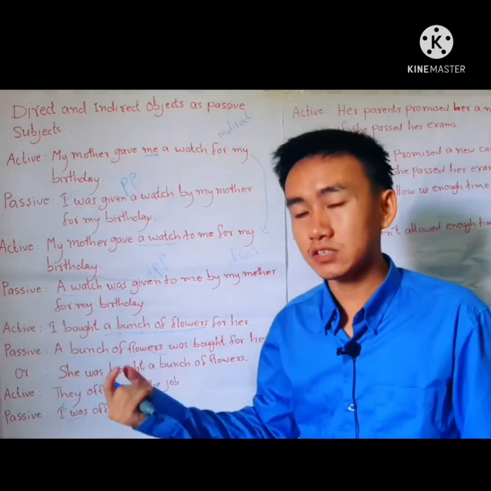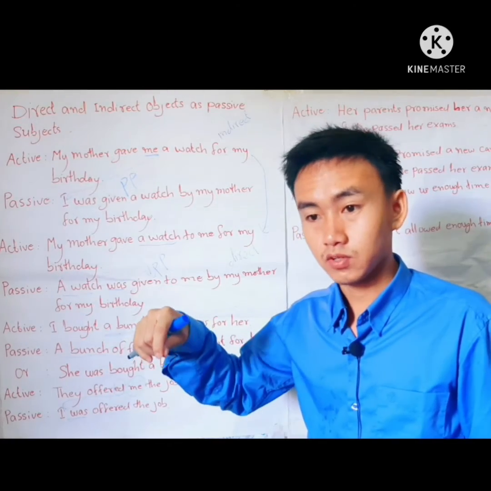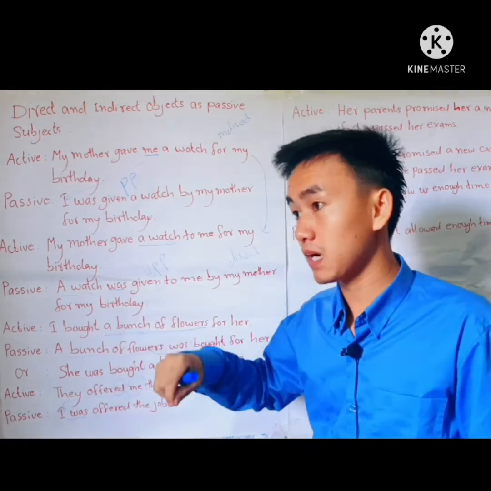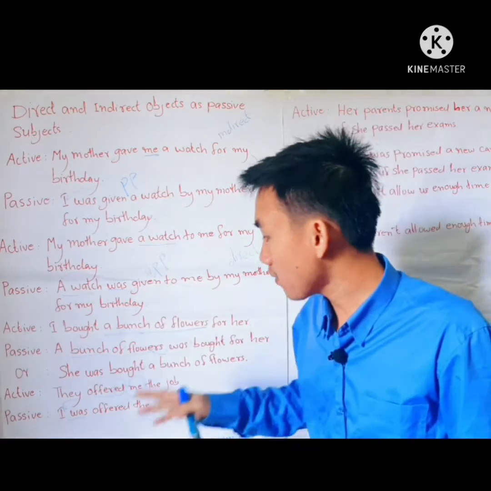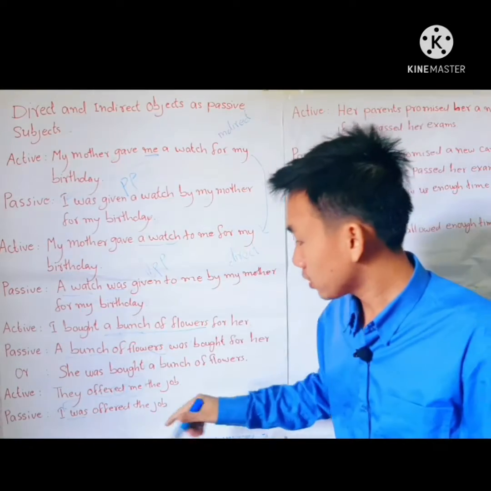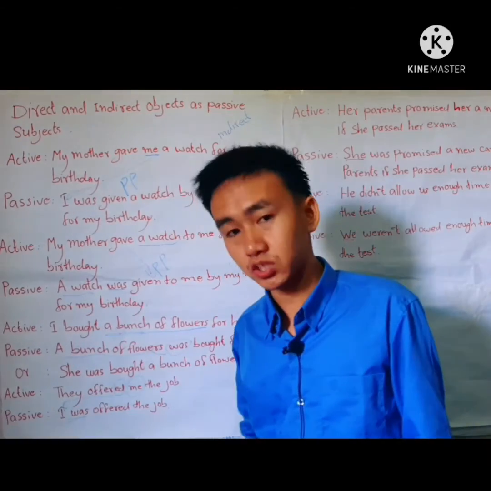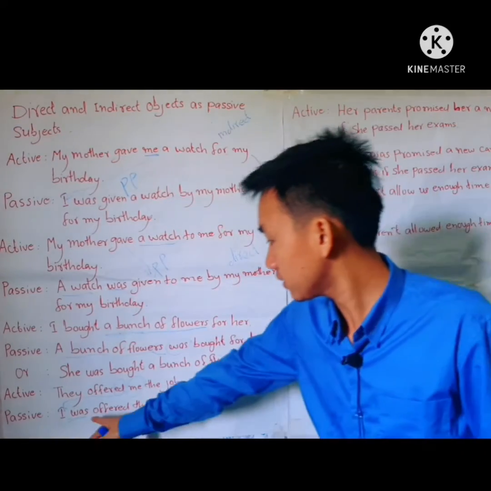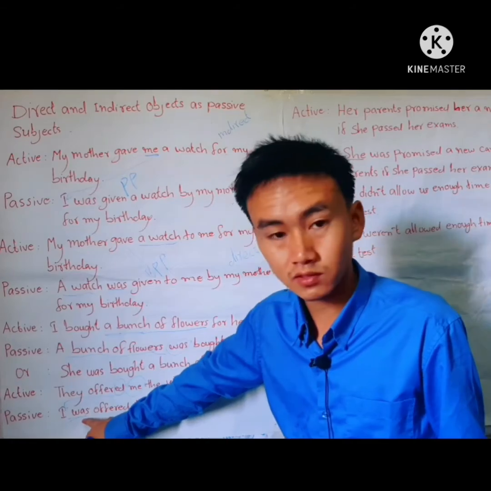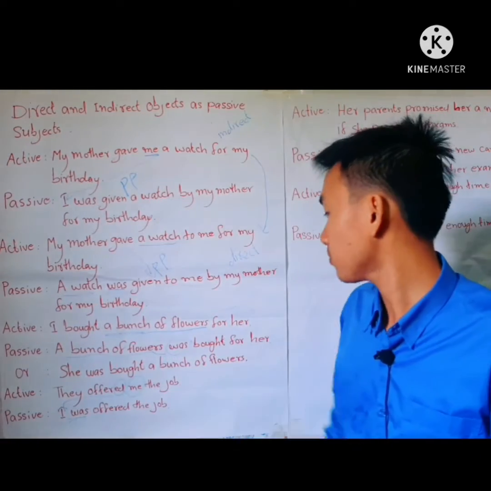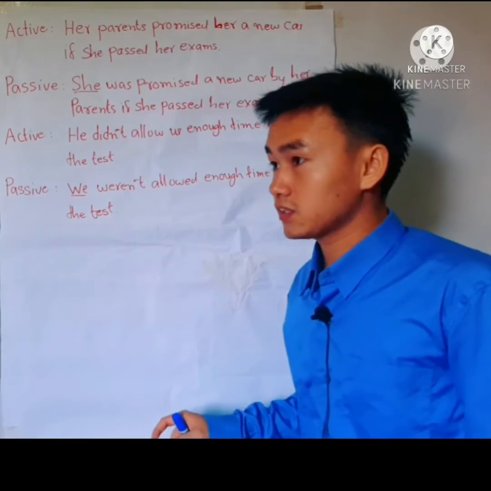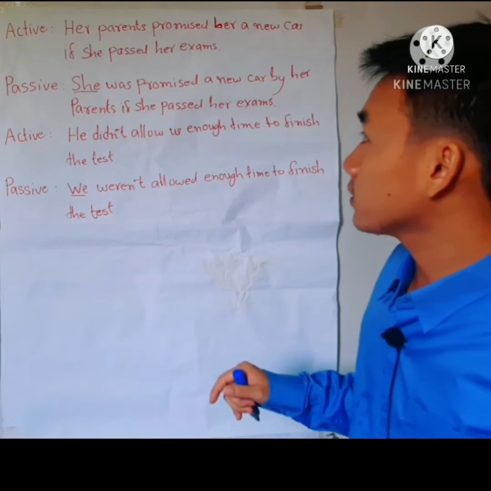Because when you change any tense to the passive, we need the past participle, or V3, after the verb to be. For example, in this one, was offered, alright? And the job. And let's keep moving to the next one.